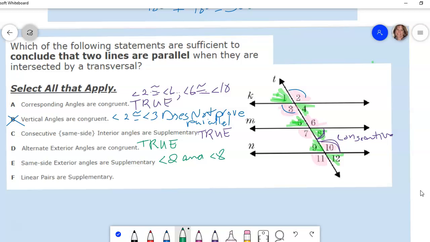Angle 2 is one of our pink angles, and angle 8 is one of our green angles. We already know, based on other properties, for instance, that consecutive same side interior angles are supplementary. Well, these can also be proven through the transitive property and others to also be supplementary. So even though it's not one of our rules that we have listed, this statement is also a true statement.